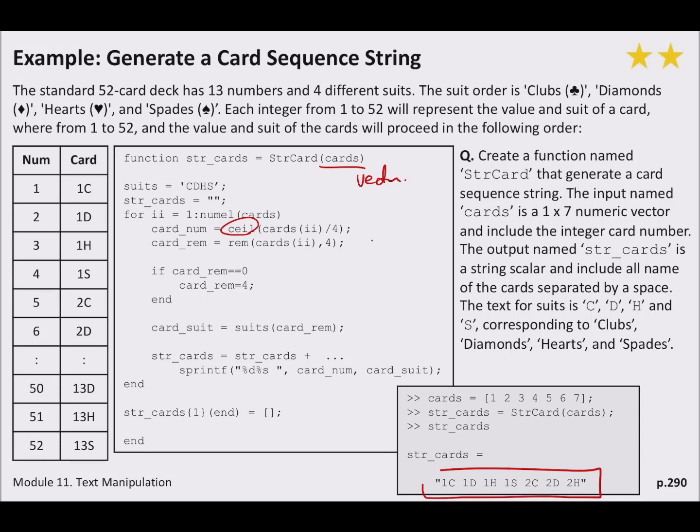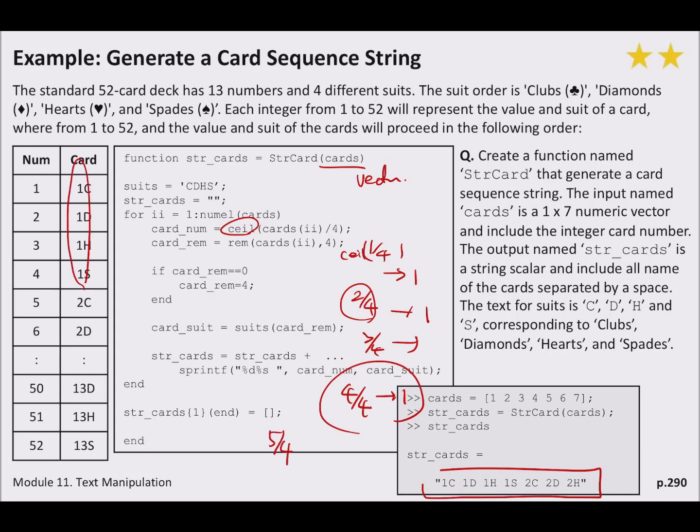Let's do this. 1 divided by 4, ceiling, is 1. 2 divided by 4, ceiling, is 1. 3 divided by 4 is 1. 4 divided by 4 is 1, right? 5 divided by 4 is 1 point something, and if you take the ceiling of this value, it becomes 2, right? So these are the card numbers.